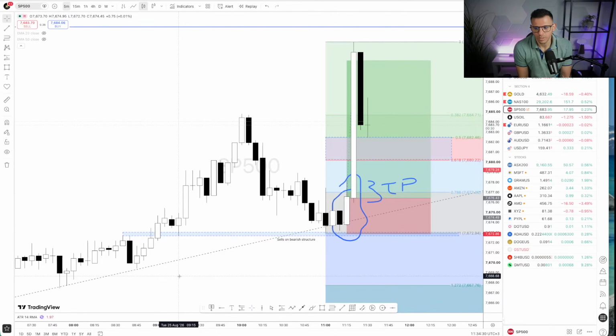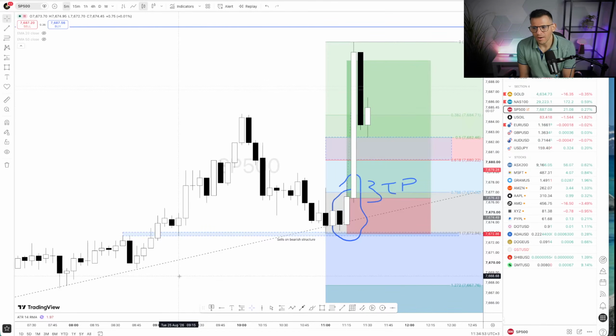Let's see how this will end up. What I want to see here is the commitment from the buyer side. I don't want to see strong sellers. I want to see strong buyers and weak sellers.